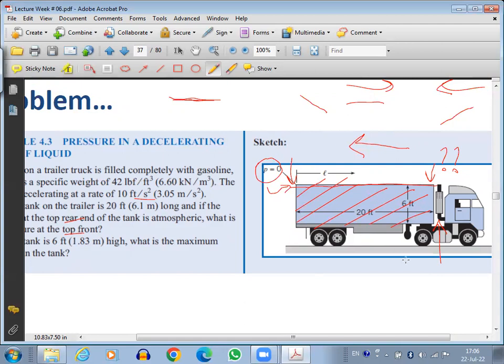So part B will be to find out the pressure at the bottom front end, because that would be the point where you'll have the highest pressure when the tank is decelerating. अगर टैंक एक्सेलरेट कर रहा हो तो फिर बॉटम रियर एंड पर हमारे पास हाईएस्ट प्रेशर होगा. जब हमारे पास इस मोशन में एक्सेलरेशन हो रही है तो जाहिर सी बात है सारा प्रेशर बैक साइड पे शिफ्ट हो जाएगा और बैक साइड पे भी सबसे बॉटम पे सबसे ज्यादा प्रेशर होगा.